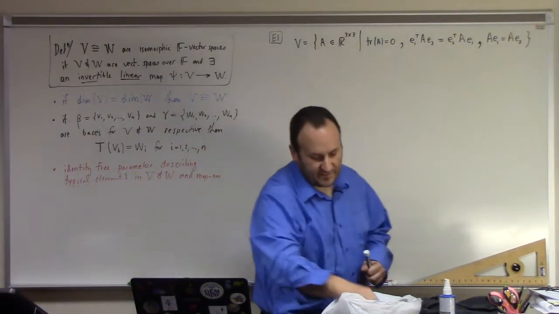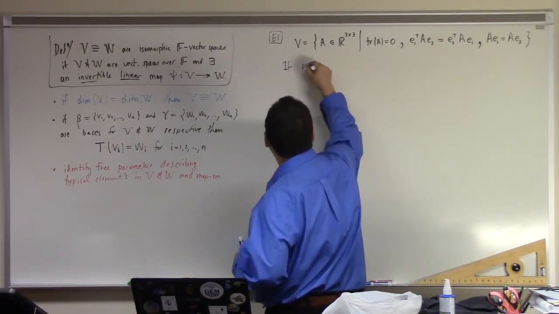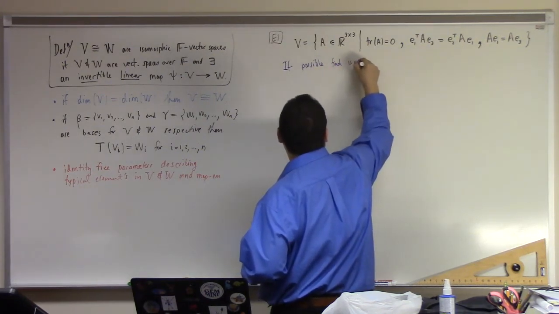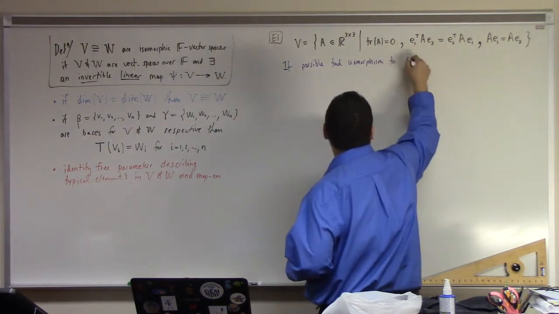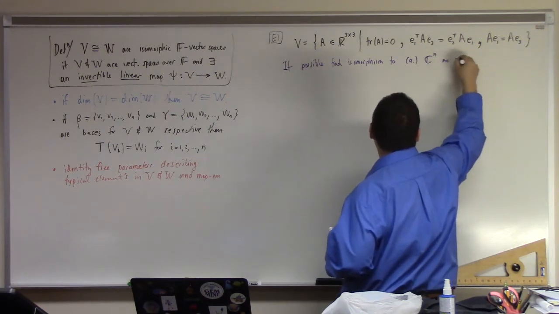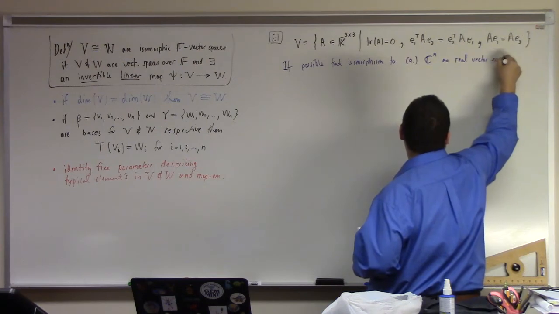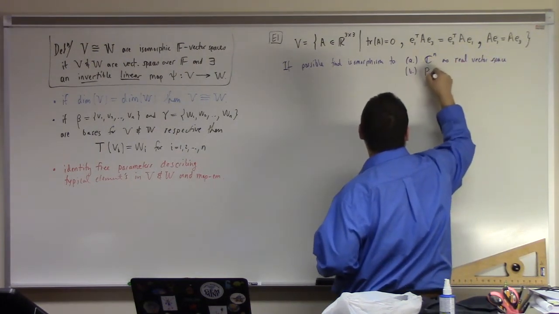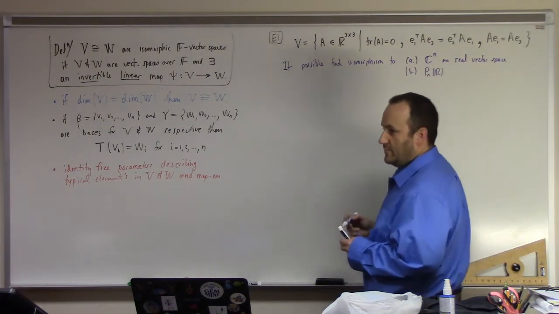We'll see if we can find an isomorphism to, let's see here, part A, C^n as a real vector space, okay? And then B, P_n(R), all right?